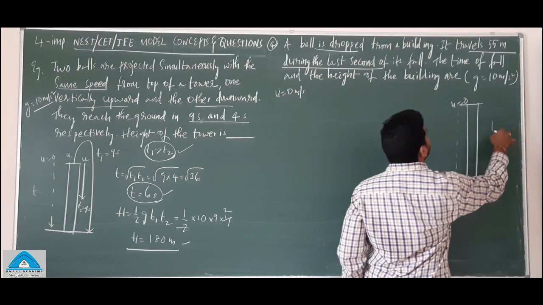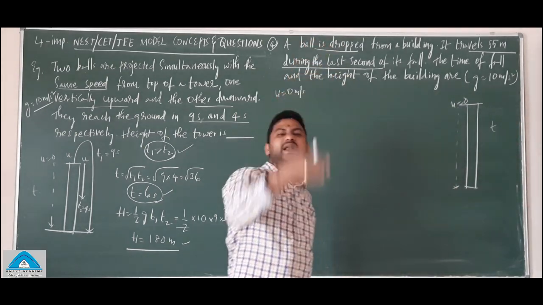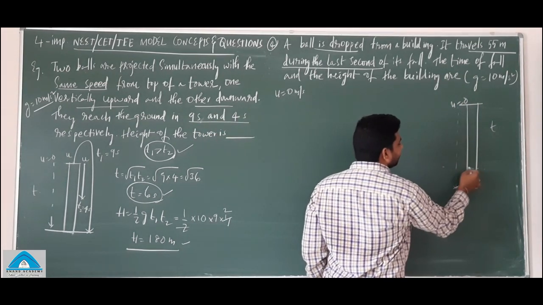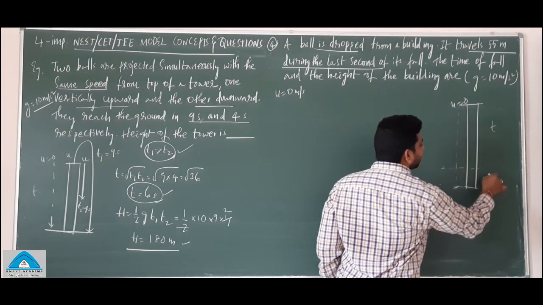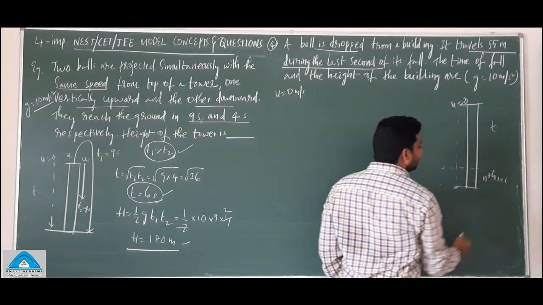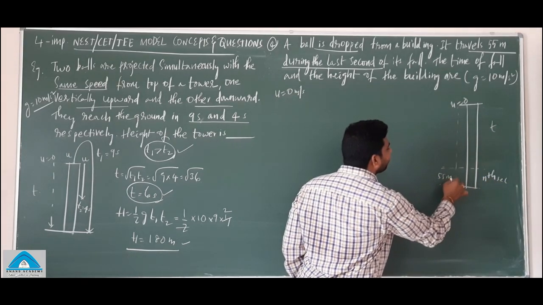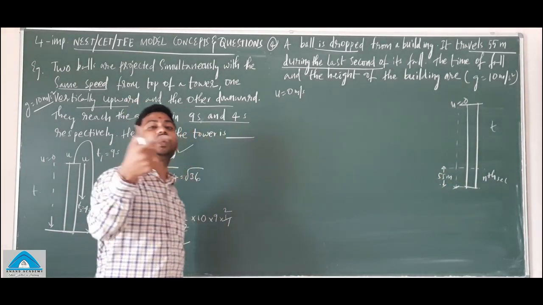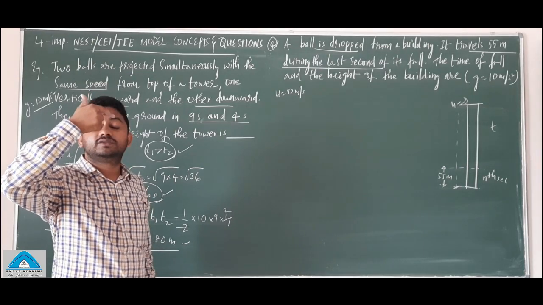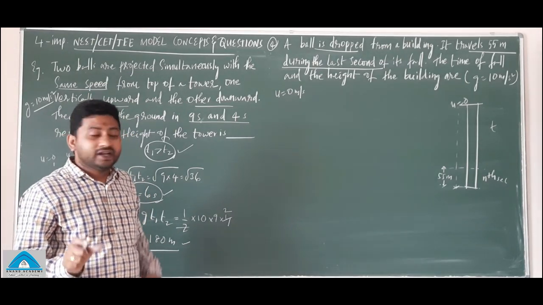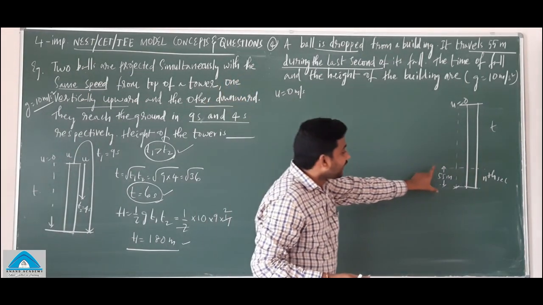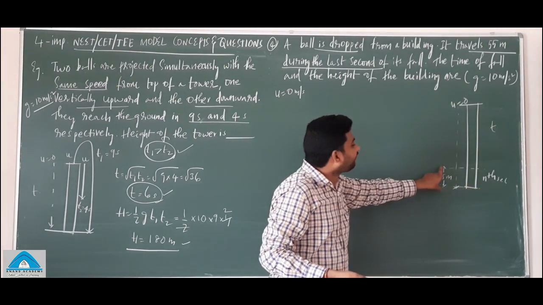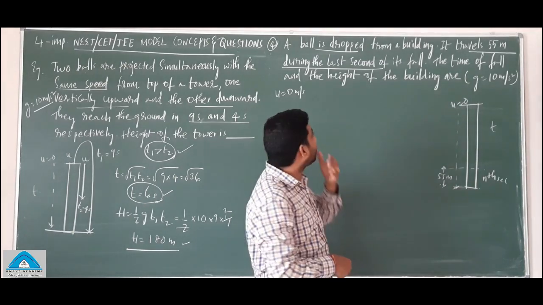Imagine the time taken to cover the complete journey is t. In the last second, let me say, I am taking this as the nth second. In the nth second, the distance traveled by it is 55 meters. You know the case. In the nth second, how to find the solution? In the last second, which I imagine as the nth second, 55 meters it has traveled.